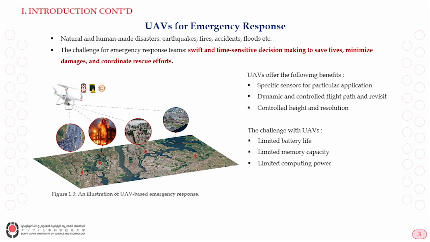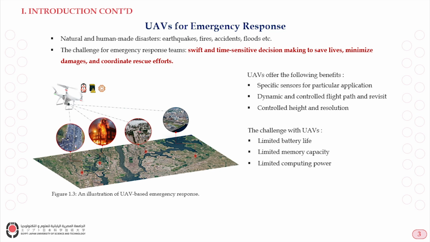In such an application, response teams experience various challenges. They need to make swift and time-sensitive decisions so as to save lives, minimize damages, and coordinate rescue efforts. In this application, UAVs are very key, because they can carry specific image sensors for particular applications.